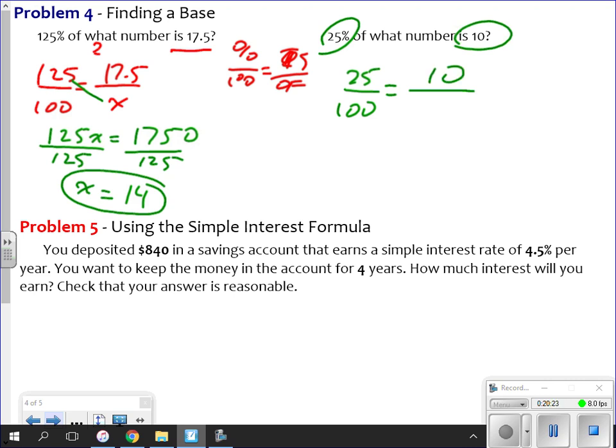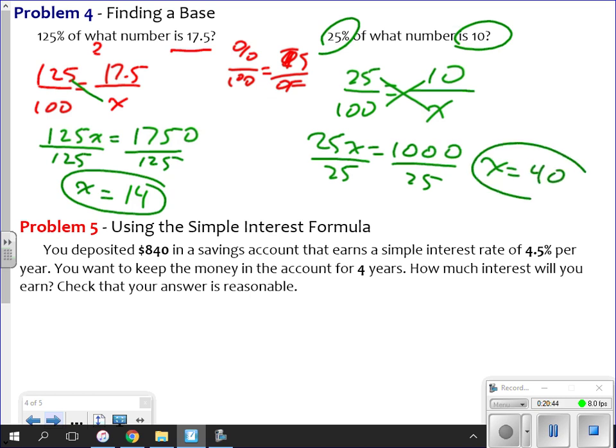X, because that's what we don't know. Cross multiply and solve. 25 times X, 25X. 100 times 10, 1,000. Divide by 25. X equals 40.